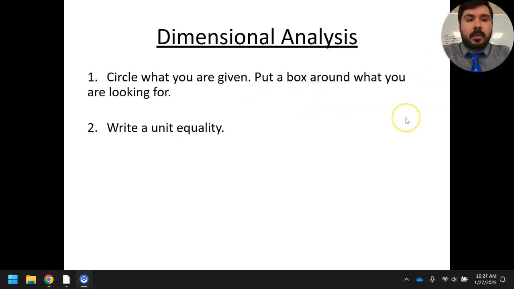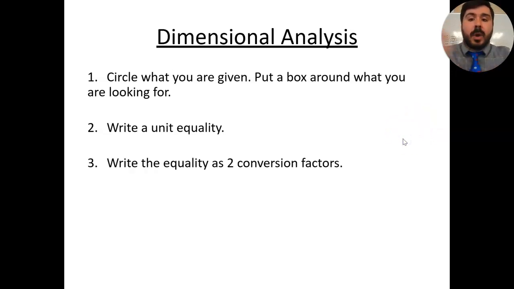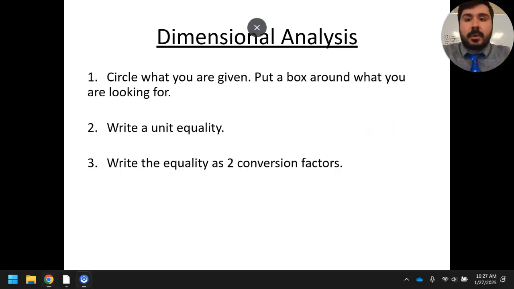Unit equality, right? We have to get good at actually creating these unit equalities and setting them equal to each other, because it's going to help pay dividends in the future when it comes to writing that unit equality as 2 conversion factors. Now, what the heck is a conversion factor, okay? If I take this same unit equality here of, let's say, 12 inches equals 1 foot, okay?